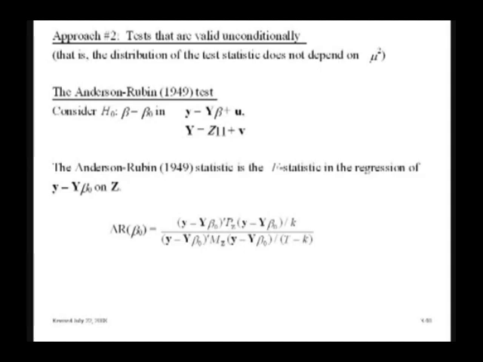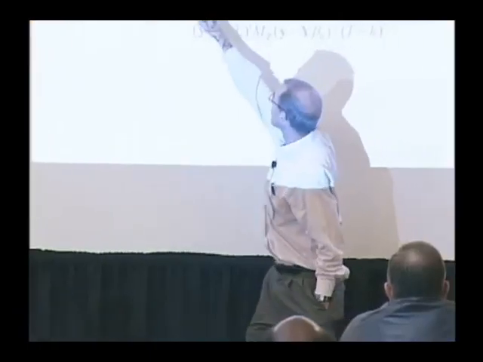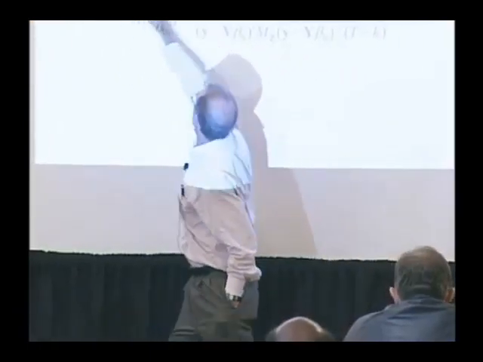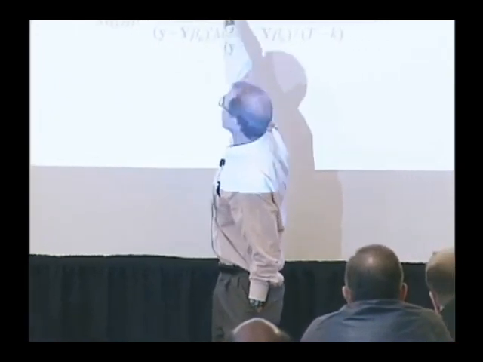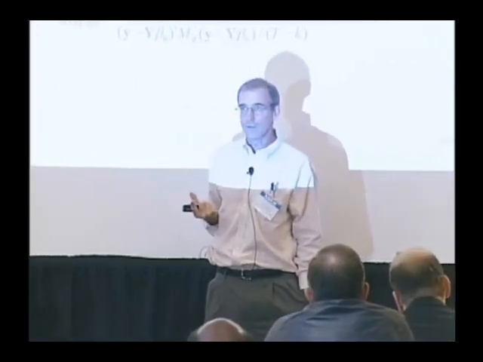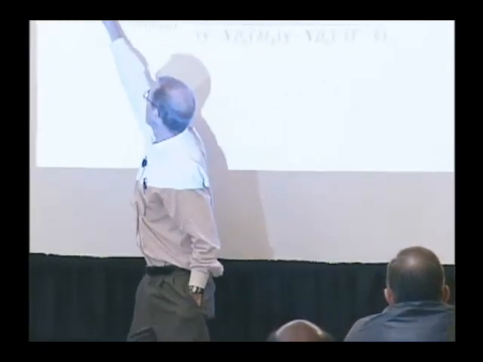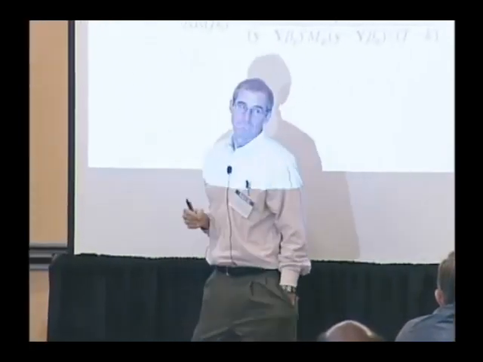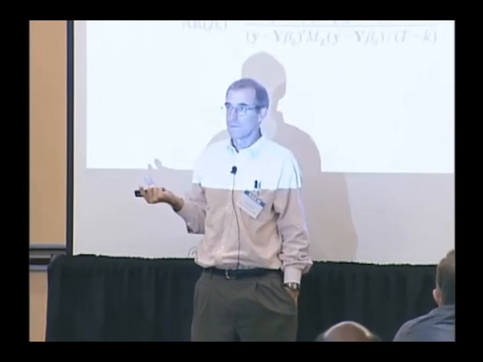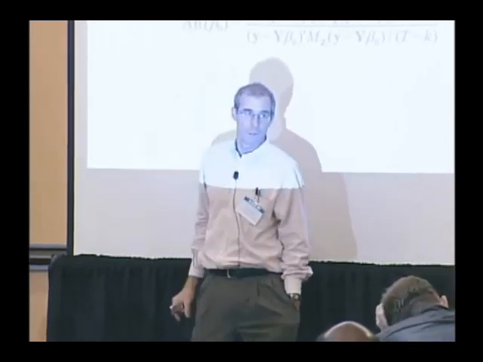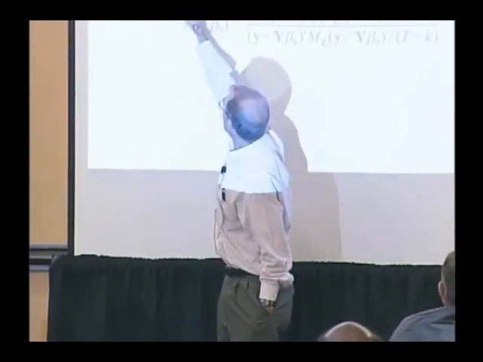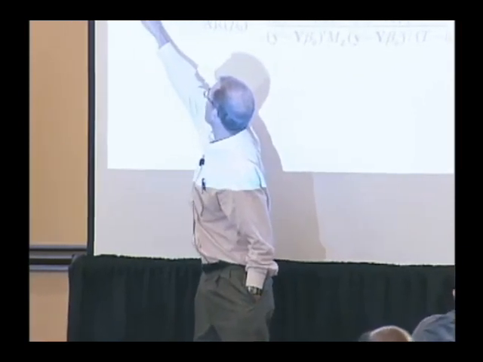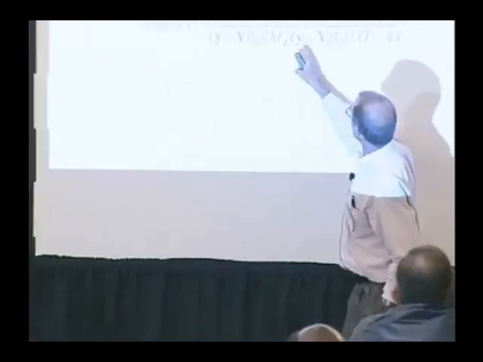If that hypothesized value is the truth, then the error term is supposed to be uncorrelated with z. Right? So the residual here, under the hypothesis, is just u, which is uncorrelated with z because z is exogenous. So I can regress this on z and check whether z has a non-zero coefficient. So I can compute the f statistic in the regression of y minus y beta naught on z, and that's what it is.